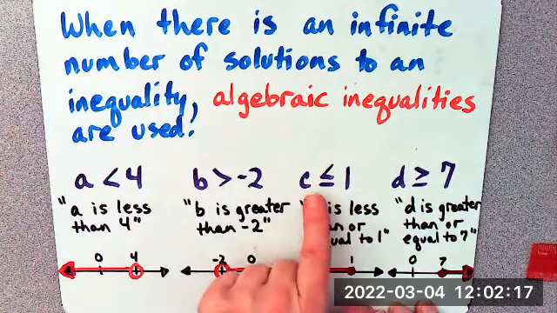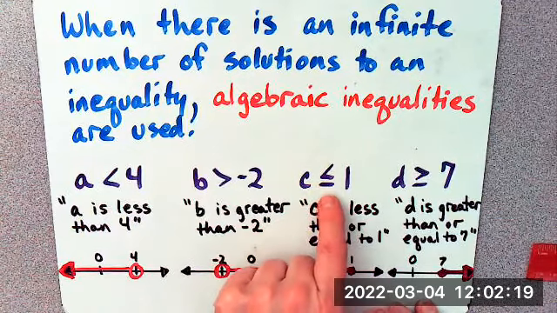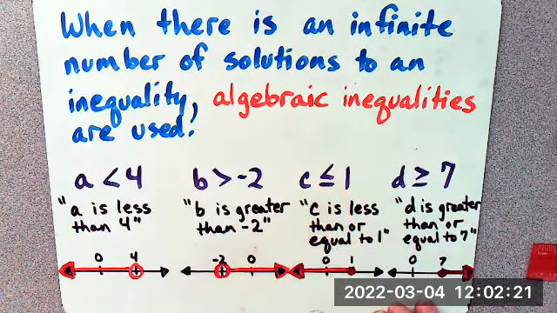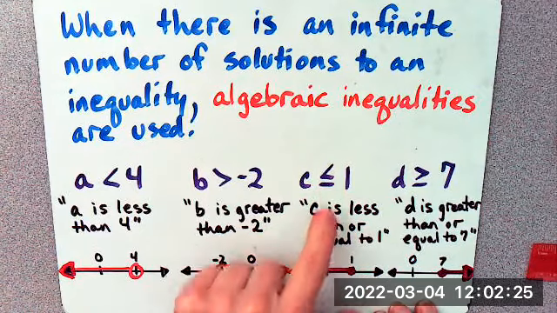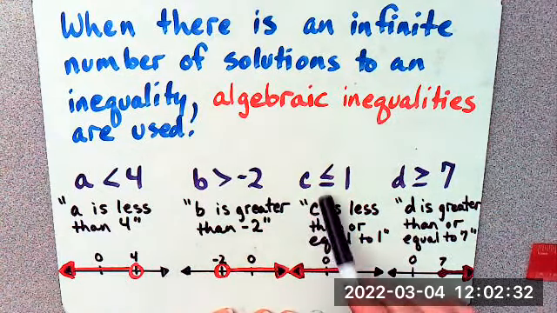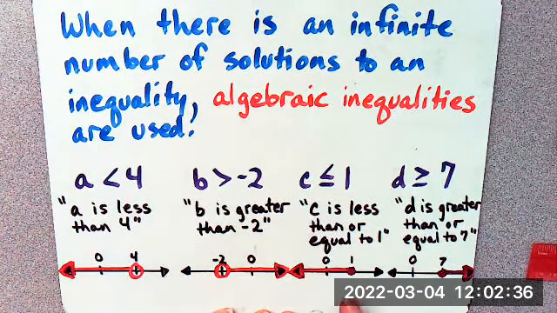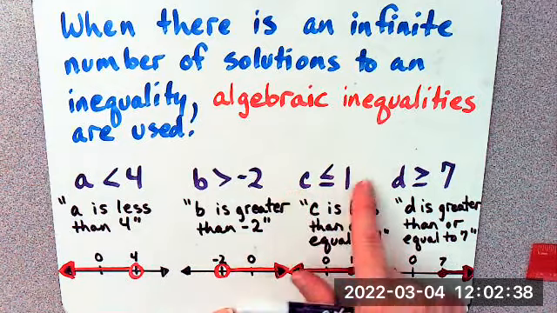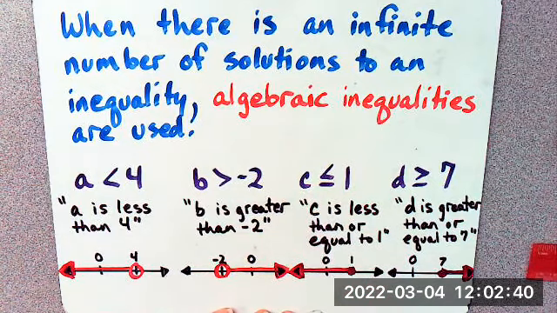Then we have c is less than or equal to 1. This little bar underneath is an equal sign. We only use one bar when we're using inequalities. So this means that c can be 1. We could have 1 cantaloupe, and we might have just pieces of the cantaloupe, which means we might have less than a cantaloupe.